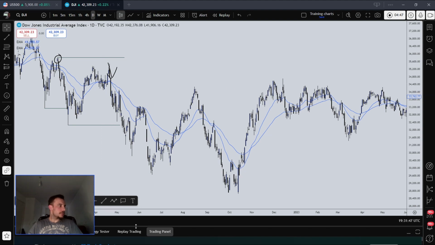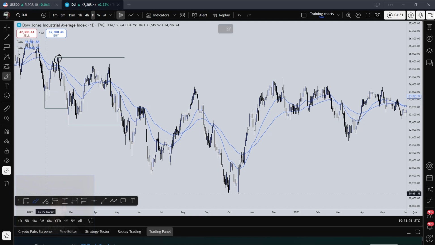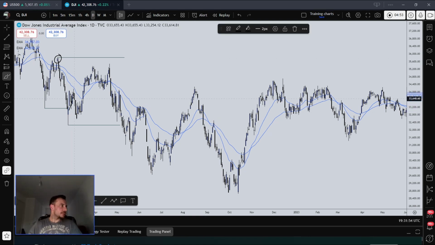As you can see, the market could carry on doing higher highs and higher lows inside of this market structure, but until the market breaks this high, we will expect the market to continue to go downwards.